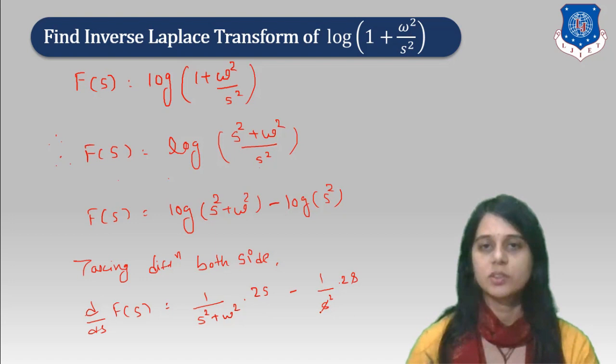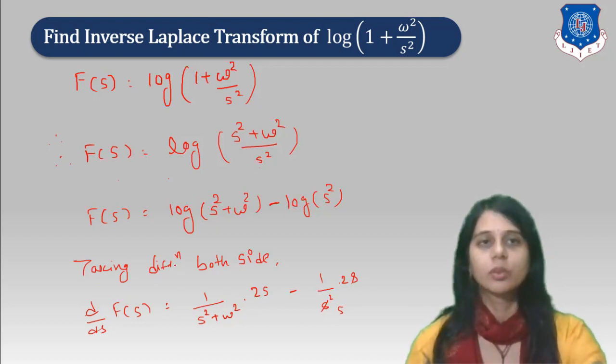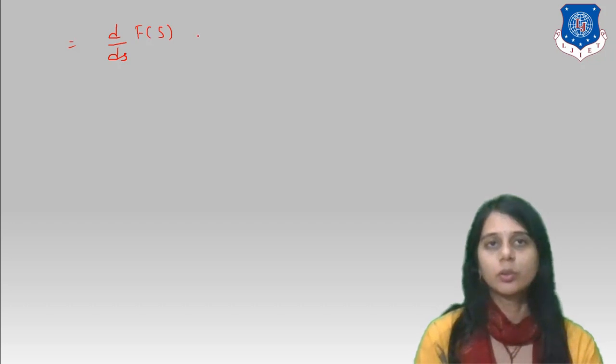Okay, this s is cut, only one s is there. So we have d by ds of F of s equal to s upon s square plus omega square, minus 2 by s.